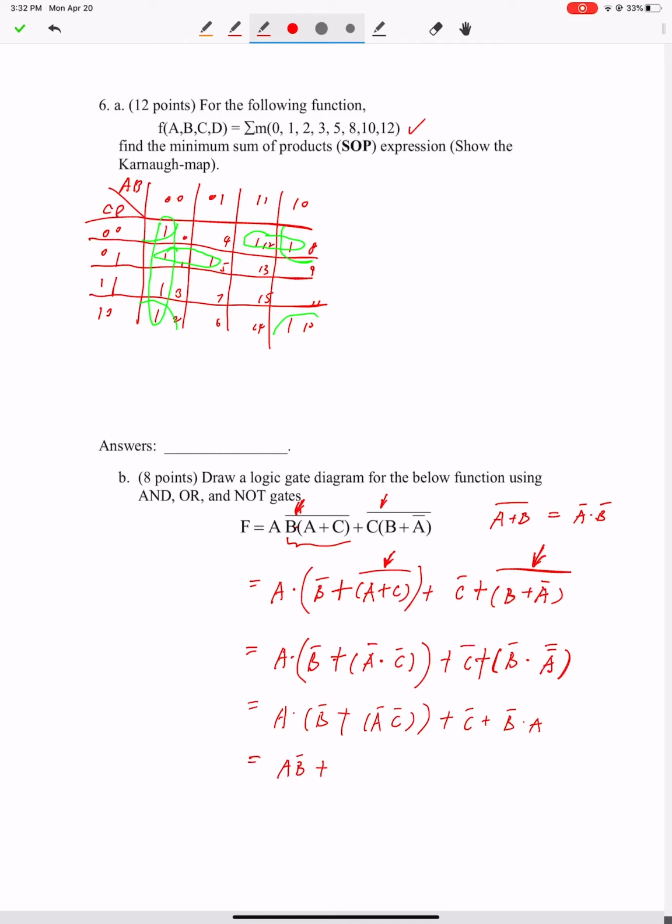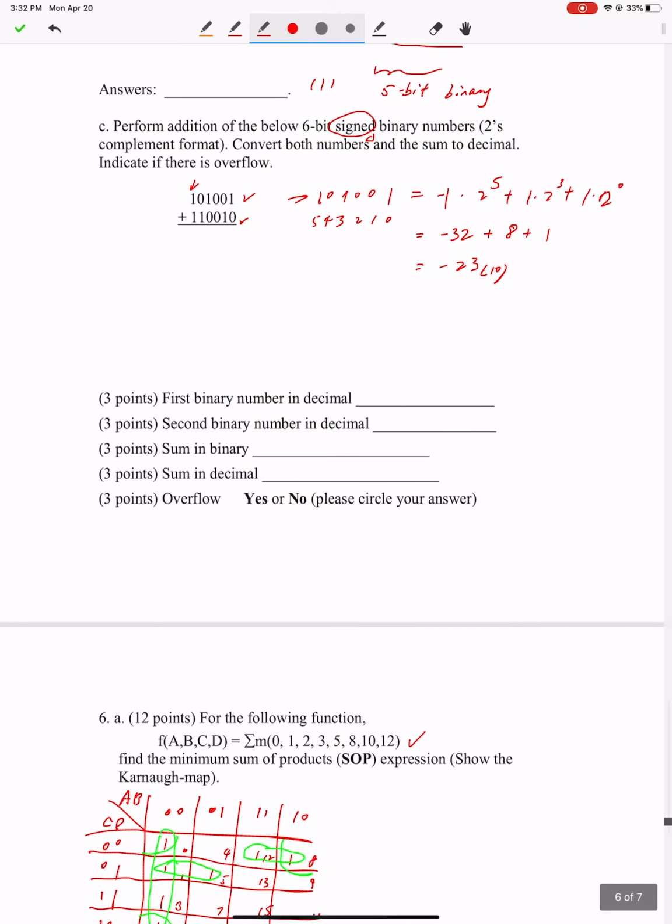So this term is gone. Plus c bar plus a b bar. And here we have 2 a b bar, right? A plus a is a. So we got a b bar plus c bar. So that's the final expression of the original expression.